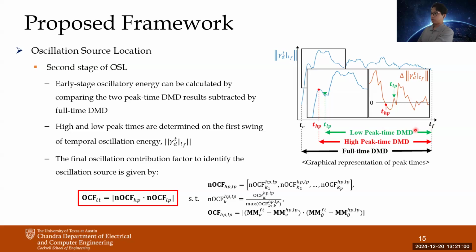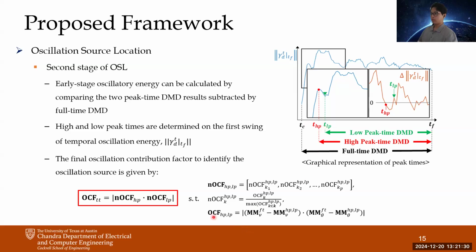So if we subtract those two peak time DMD results from the full time DMD results, we can get the oscillatory energy of the buses, which is focused only on this early part of the oscillation. Similar to the OCF-FT values, we can calculate the OCF for high peak and low peak times, with time ranges from TC to THP and from TC to TLP.